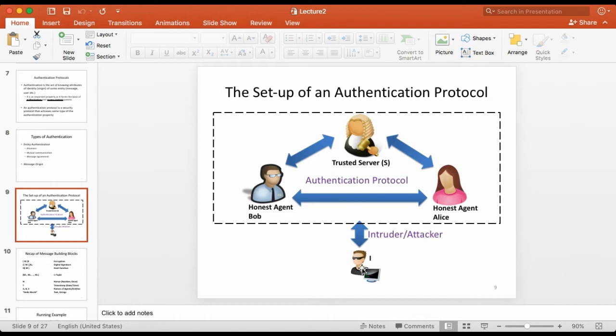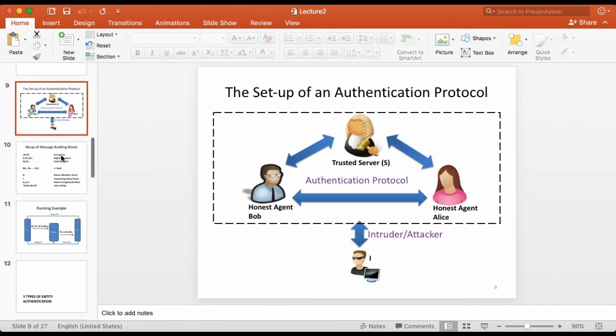Their role is to disrupt and attack your protocol in order to break down its properties or its communication, ending up either stealing secrets or assuming incorrect roles and so on. We will come to the idea of an intruder later in this module when we talk about attacks on security protocols.